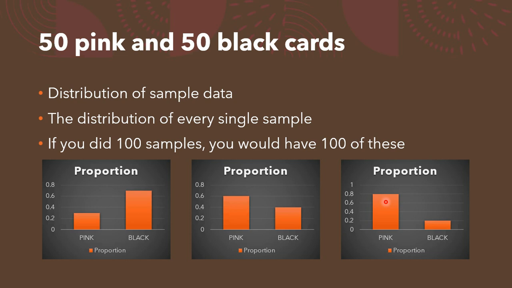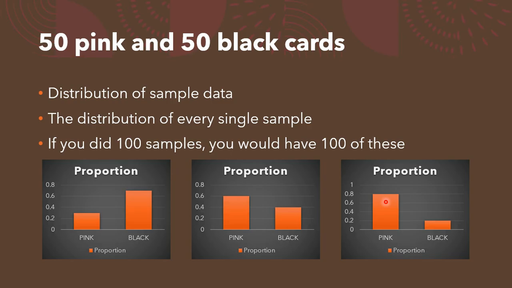So if you just do 100 samples where you pull 10 and you throw them back, and you pull 10 more and you throw them back, you keep doing that over and over and over again, what's going to happen is that you're going to see that one number is probably going to be more common than the other, and that most common one is going to be that 50-50 split. But what will happen is that it will slowly drop on the chances for each side moving down.